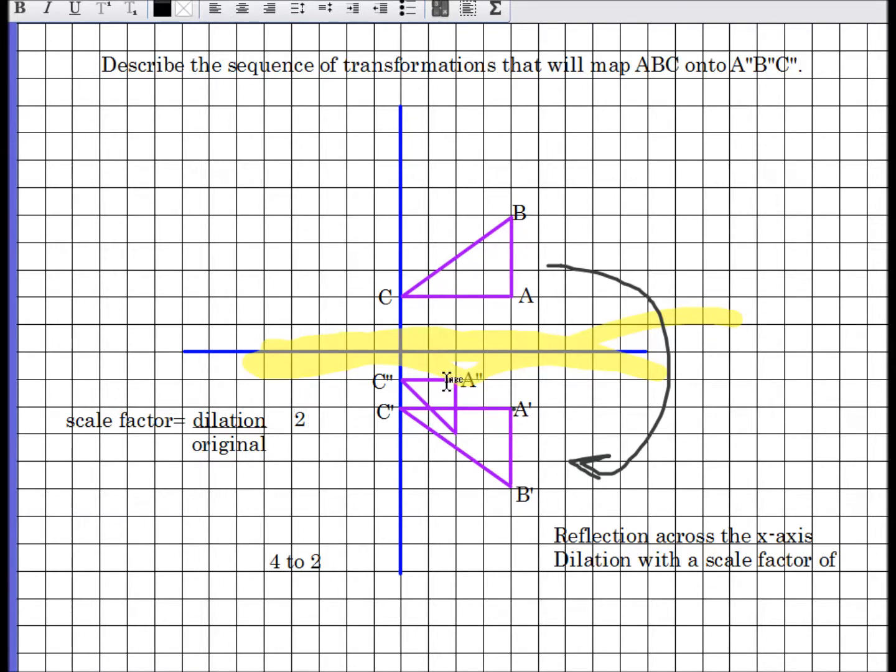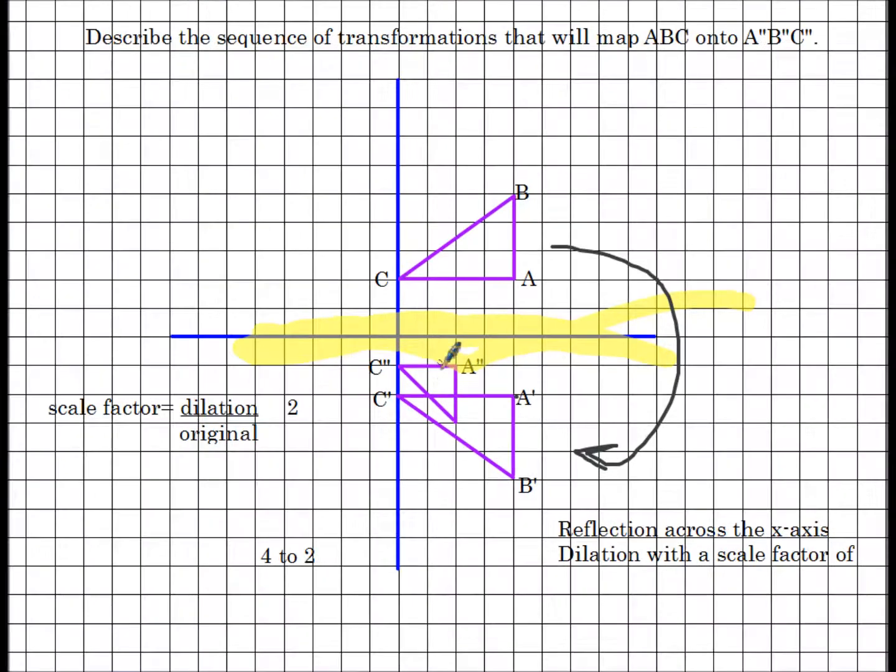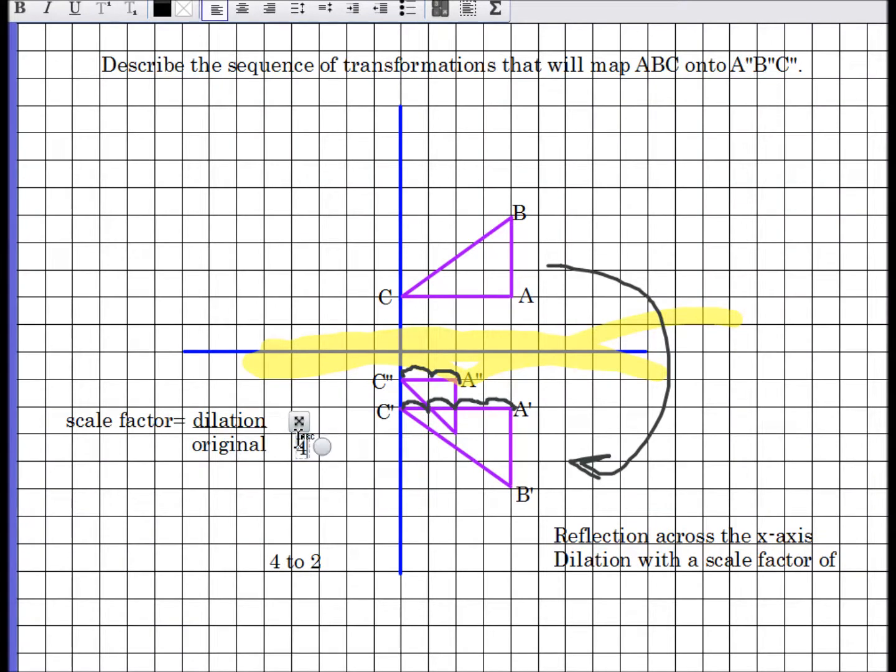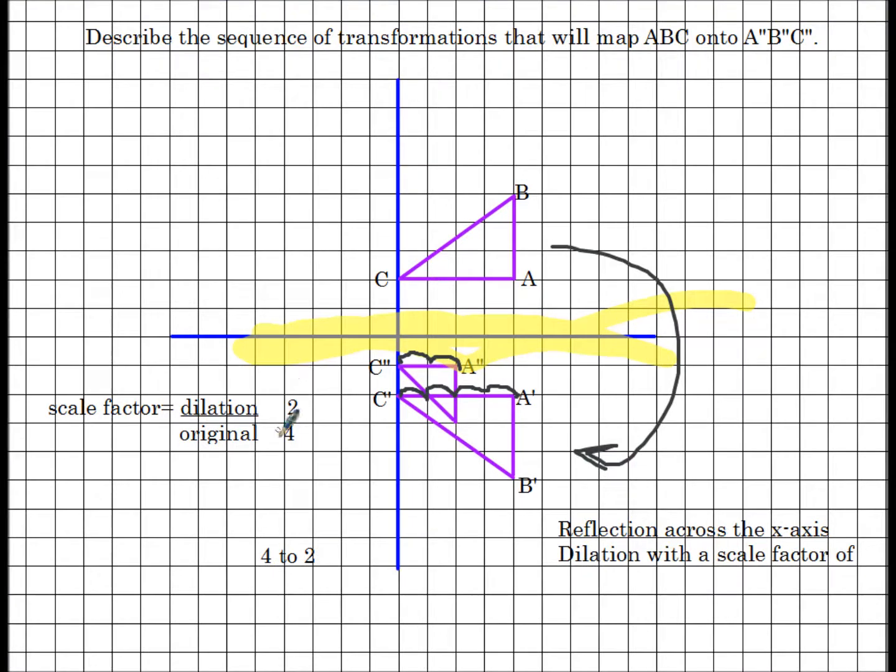I'm looking at AC. So AC goes from having a length of 2, the dilated figure over the original, 1, 2, 3, 4. So it went from being 2 to being 4, which means that the scale factor is 1/2.